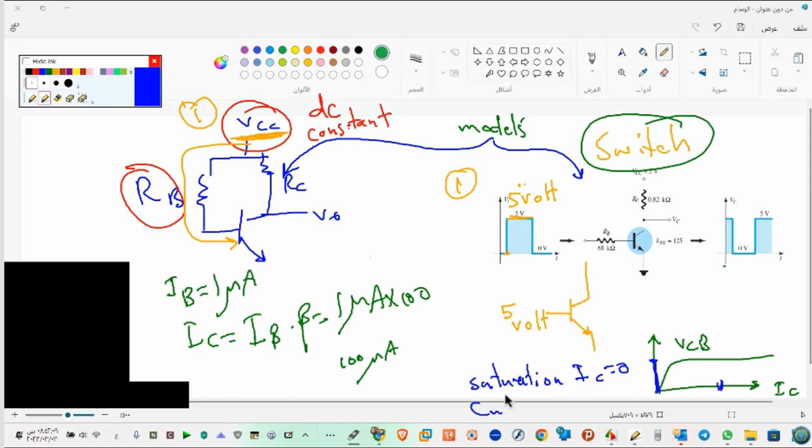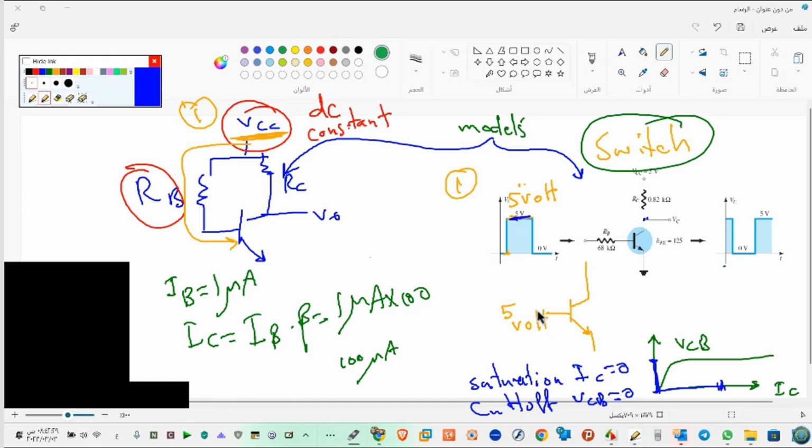And in cutoff, VCB equals 0. Okay, good job. Now, IC equals 0. That means, let's check.